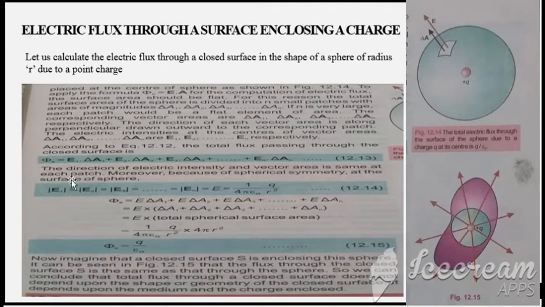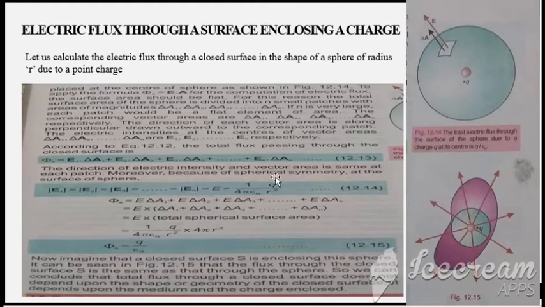In equation 12.14, this is also represented by modulus, which represents magnitude. Magnitude E1 is equal to magnitude E2 is equal to magnitude E3 and so on, up to magnitude En.